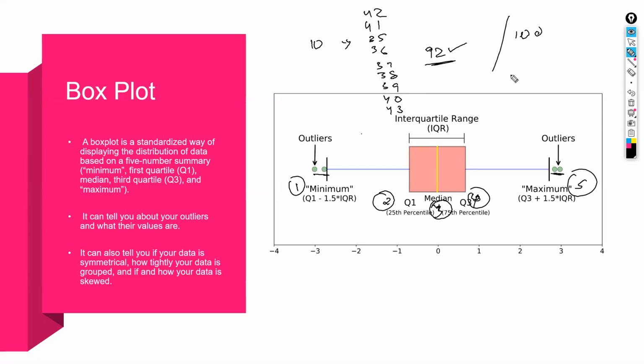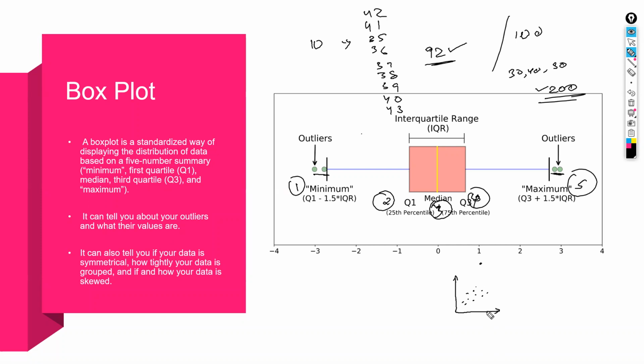Even in a cricket team or during a cricket match, all the players score around 30, 40, 50, but suddenly there's a player who scores a double century. Now that player is your outlier. And how do these outlier points look? If this is your graph and these are your data points, suddenly there's a point somewhere over here.